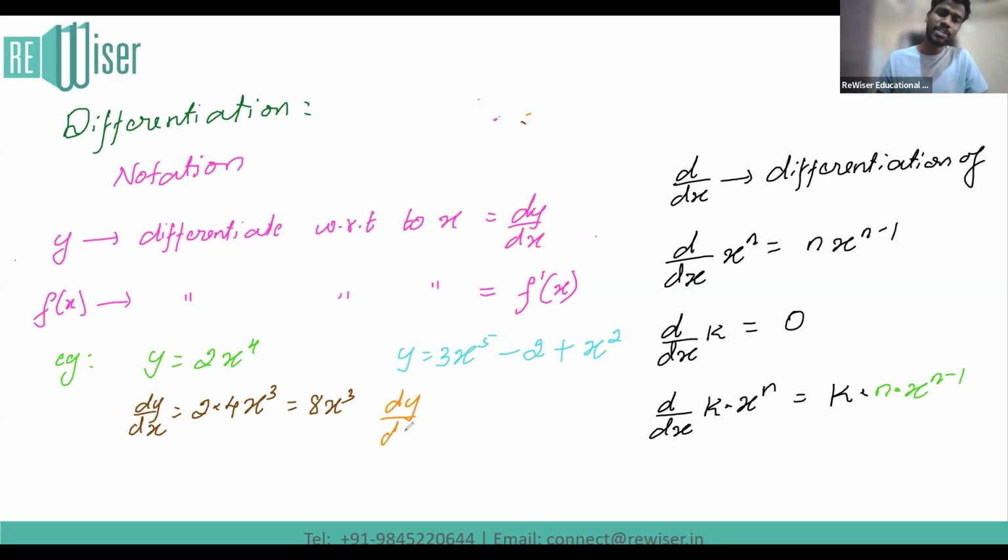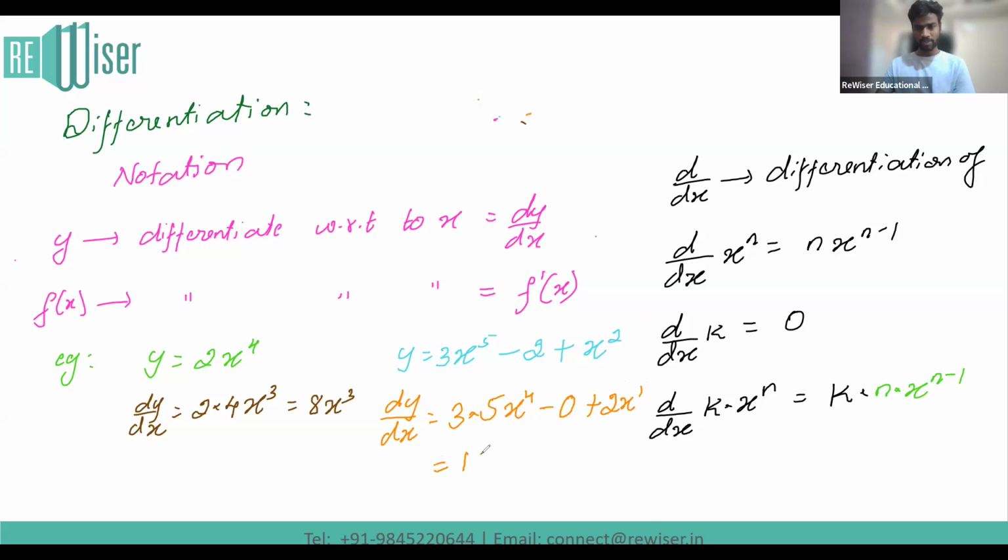When you differentiate it, we denote it with dy by dx. And this is equal to, we are going to keep this 3 as it is. The derivative of x power 5 is going to be 5 into x to the power of 4. Then minus, the derivative of a constant is going to be just 0, plus the derivative of x squared is going to be 2 into x power 1.